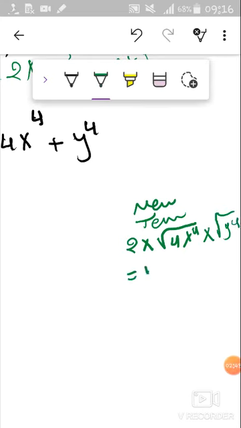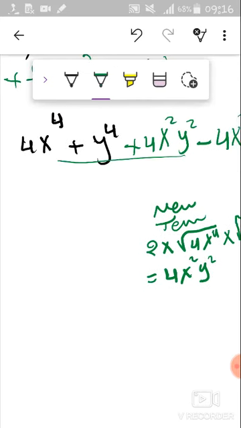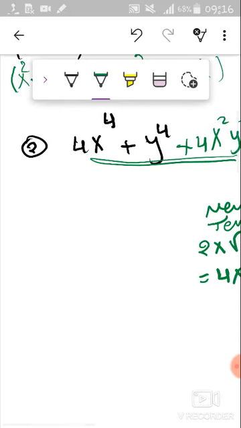So the result will be 4x square y square. So the new term I will add: plus 4x square y square and minus 4x square y square. These three terms will be a perfect square.